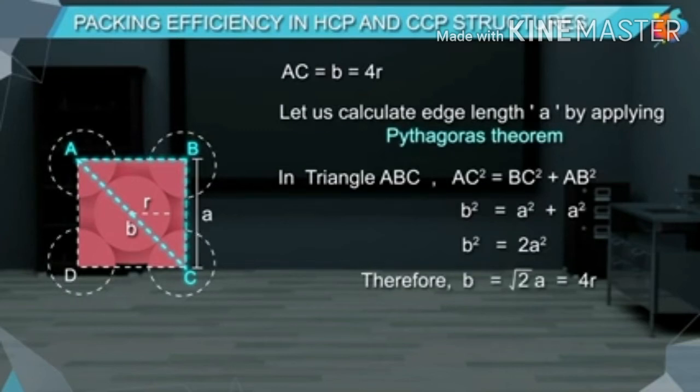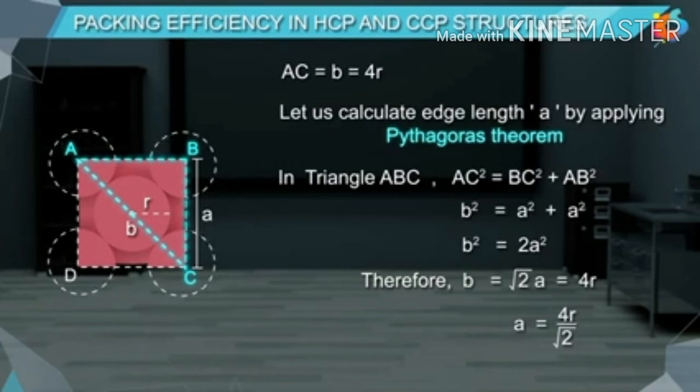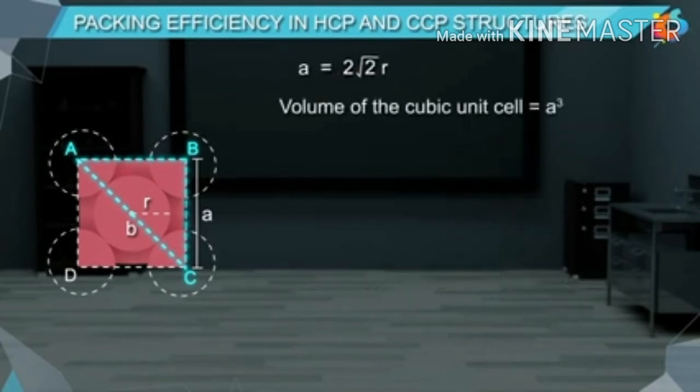Therefore, b is equal to square root 2 a is equal to 4r. Therefore, a is equal to 4r by square root 2, which is equal to 2 square root 2 r. Volume of the cubic unit cell is equal to a cube, which is equal to 2 square root 2 r whole cube.